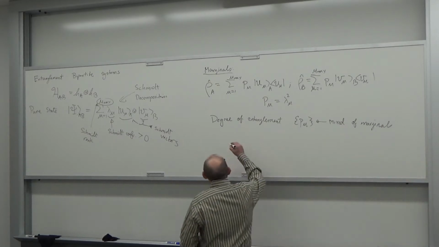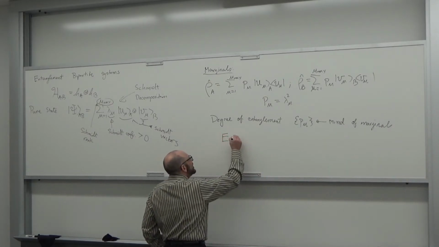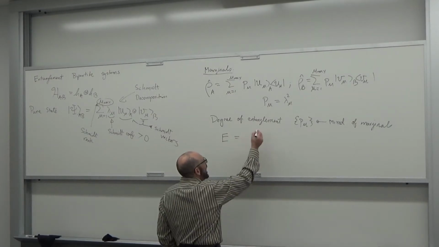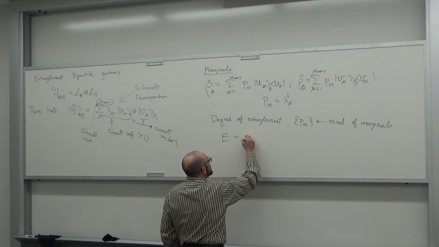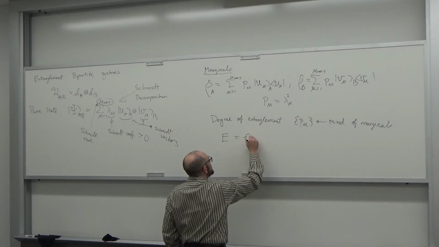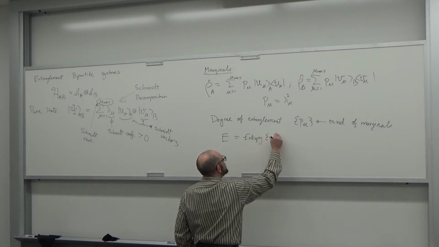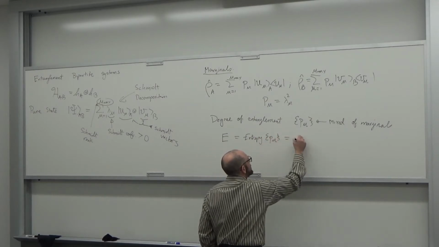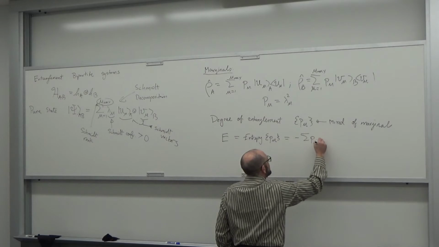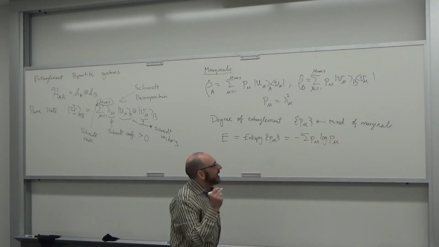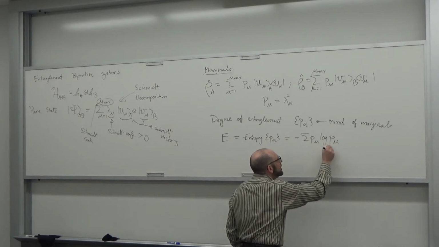So the degree of entanglement we call E is then given by the entropy of this distribution. So the entropy of a probability distribution, which is this object, and we could measure it in any base we like.